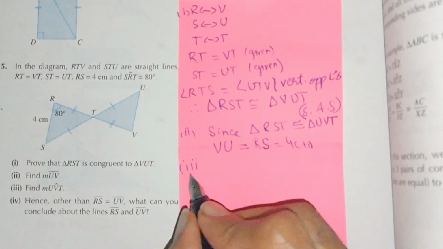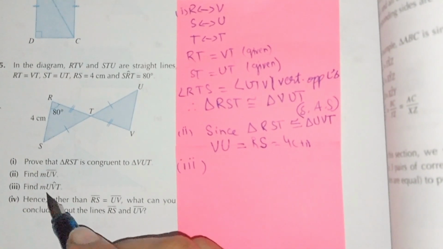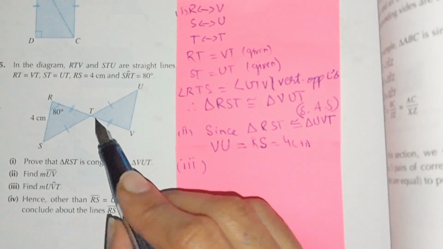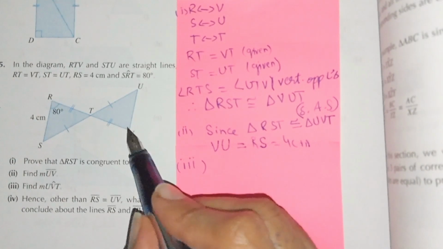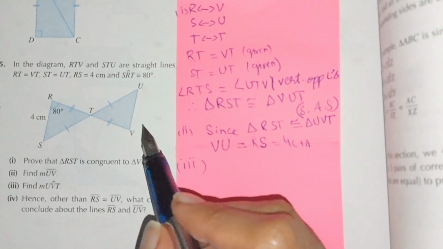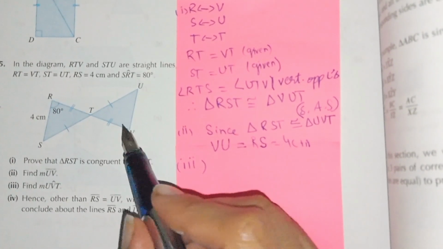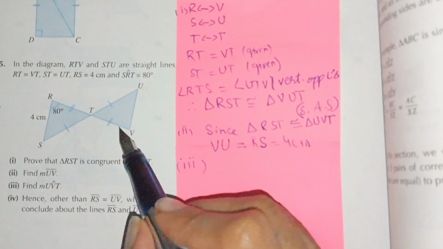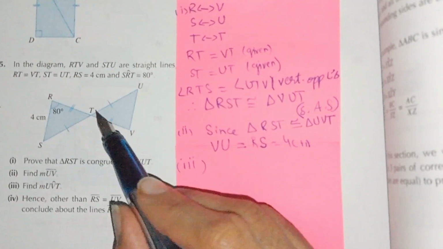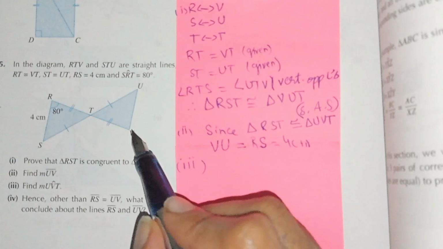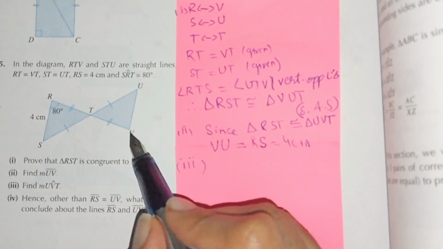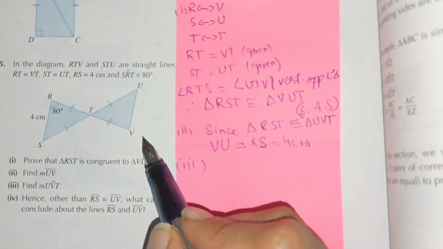Now we have to find part number 3, find angle UVT. Since both triangles are congruent, the angle is equal to that angle, 80 degrees.